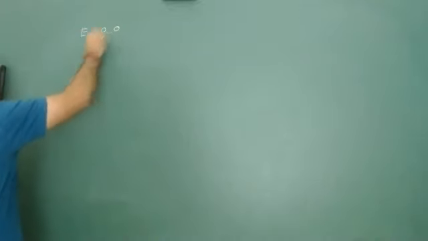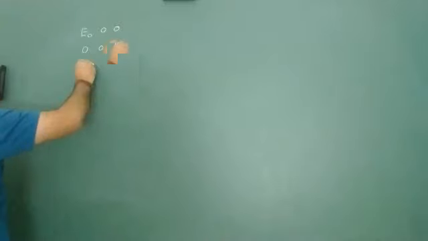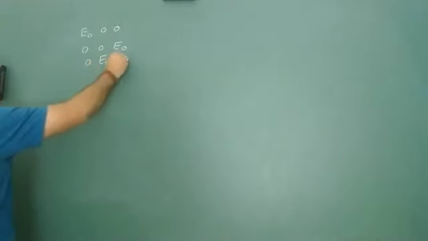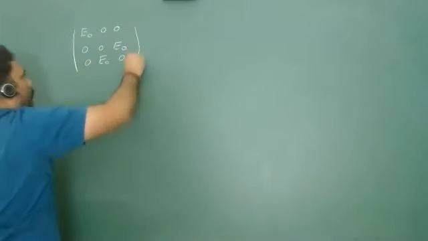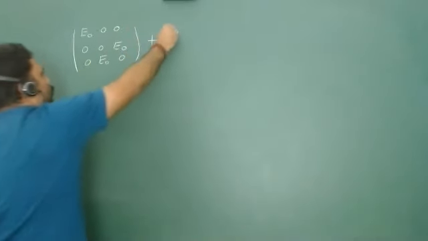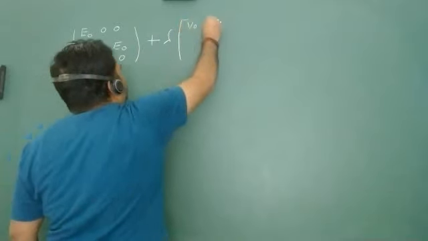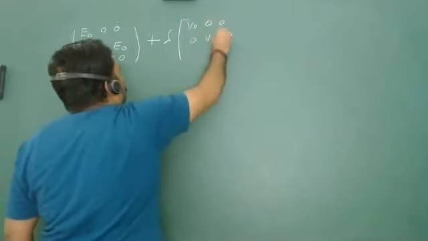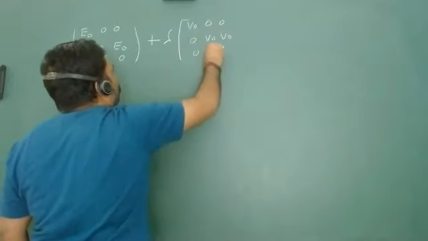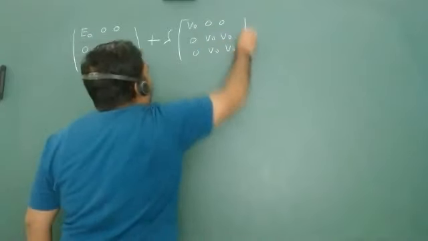What we have, let's say, is the matrix with E naught, 0, 0; 0, E naught, 0; 0, 0, E naught... plus lambda times the matrix with V naught, 0, 0; 0, V naught, V naught; 0, V naught, V naught.